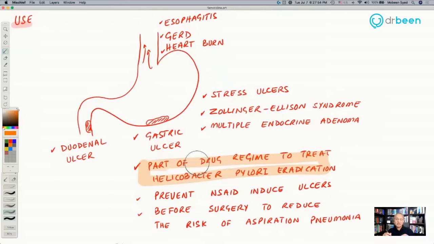So there are antibiotics that are given for the Helicobacter. PPIs, proton pump inhibitors, can be given for the Helicobacter as well. However, in some combinations, sometimes H2 antagonists are also used. And of course, as I discussed before, for NSAID related ulcers, we can give the H2 antagonist as well.